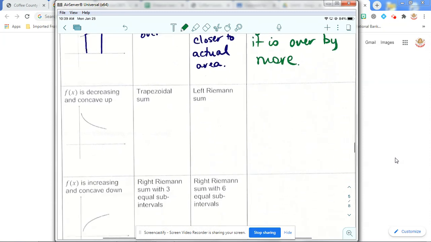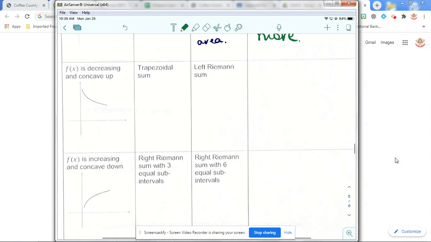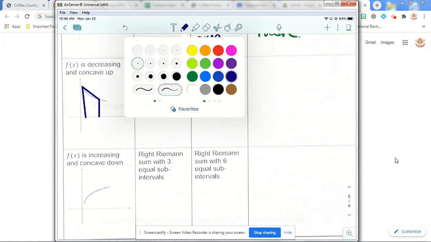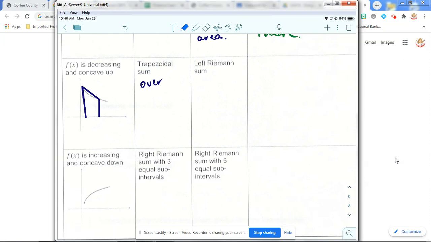A couple more. So F is decreasing and concave up. Okay, so let's think about trapezoidal sum. All right, so trapezoidal sum is going to be over. Okay, and then a left Riemann sum. So the left point is on the curve.